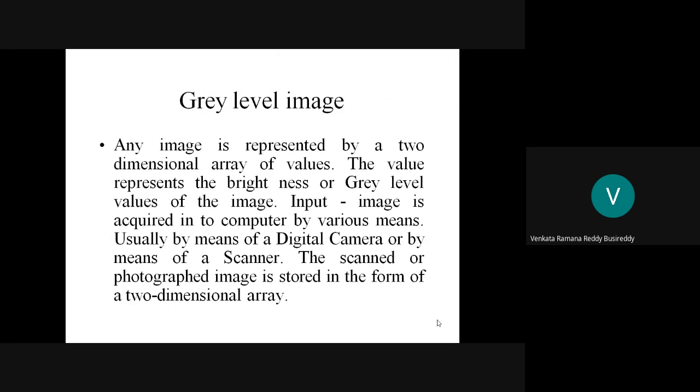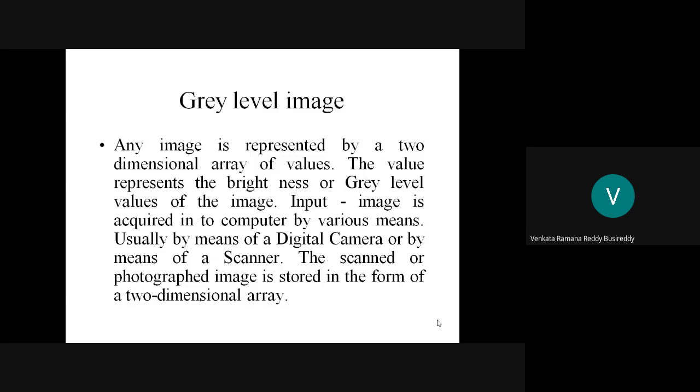So now I'm straight away coming to the original basics. So what's an image? Three types of images are there: gray level image, binary image, and color image. So these three images, we should have some idea. Ultimately, a digital image is represented as an array of 2 dimensions.